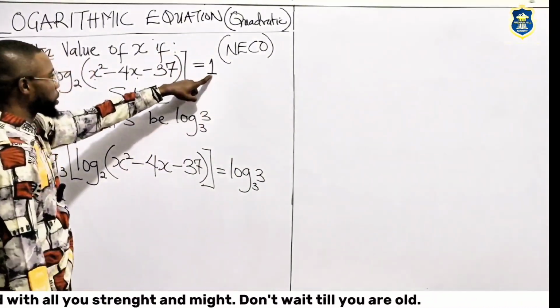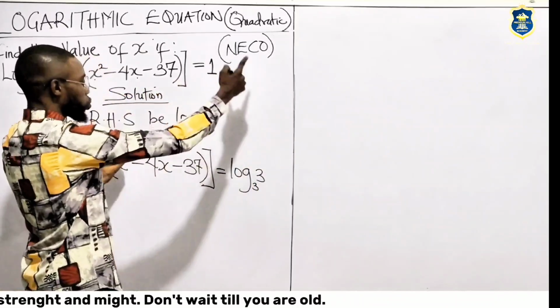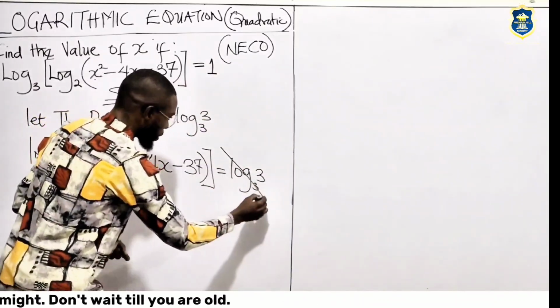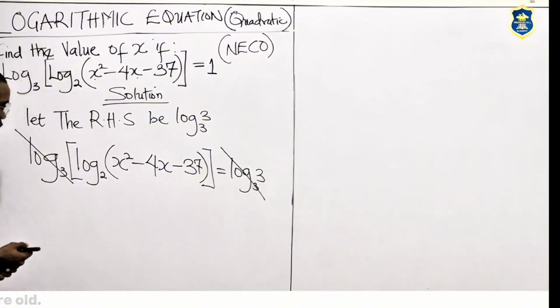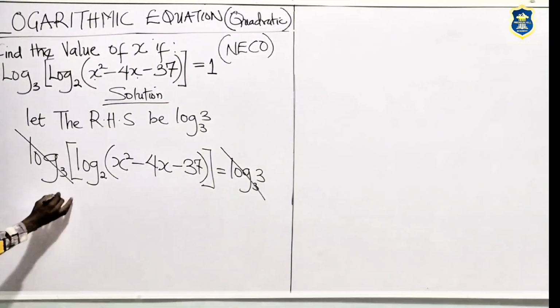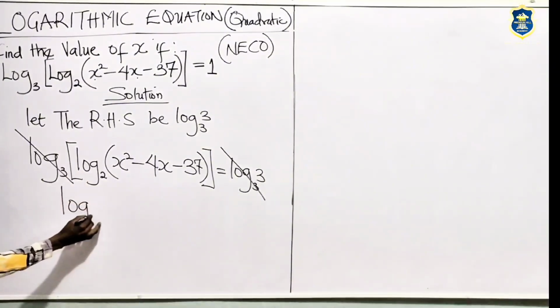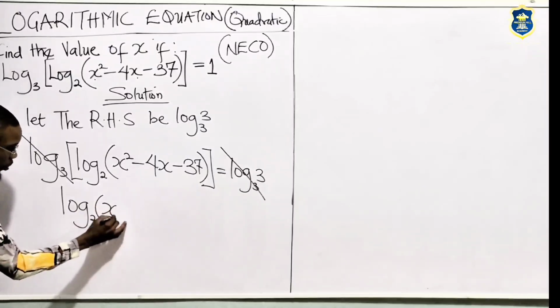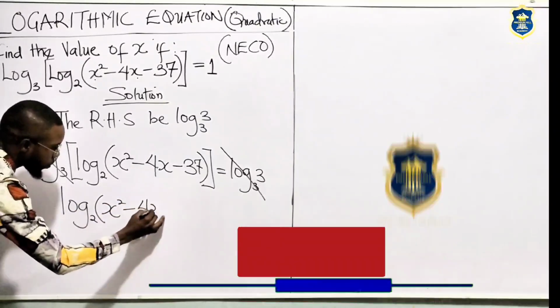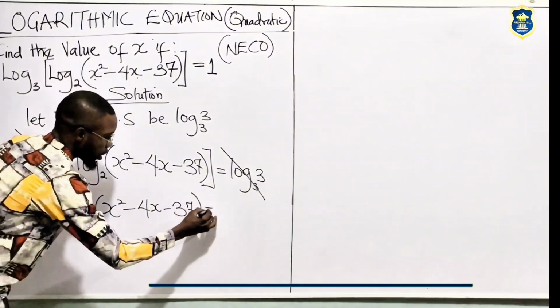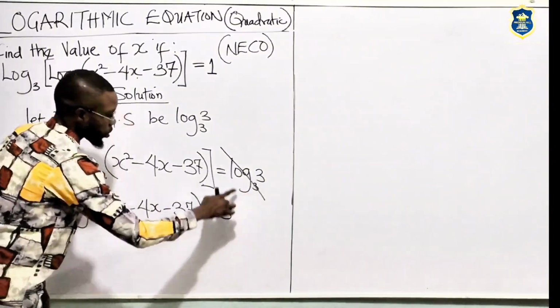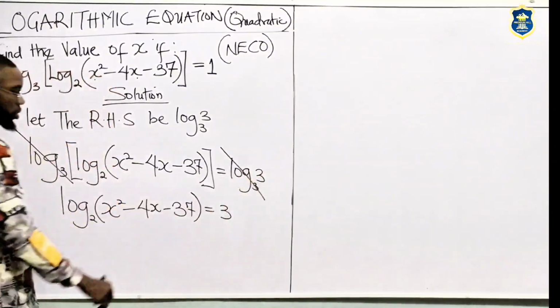We're just manipulating this part, that log to its own base will still give us 1, and we are doing this so that this log base 3 will take off this log base 3, and if that one takes it off, we'll be left with just this one, log to the base 2 of x squared minus 4x minus 37, right? Equal to 3, because we've cancelled log base 3, just 3 is remaining.